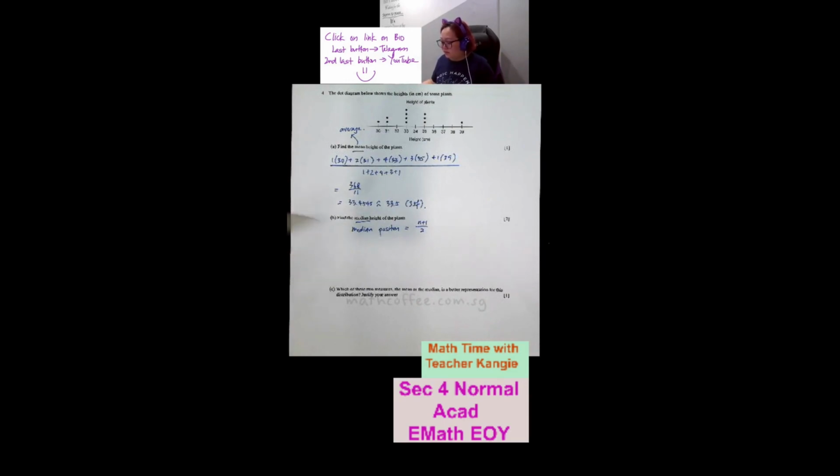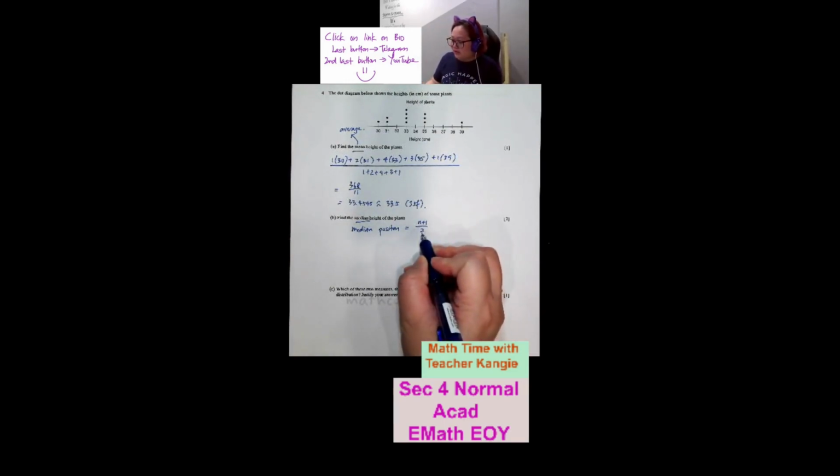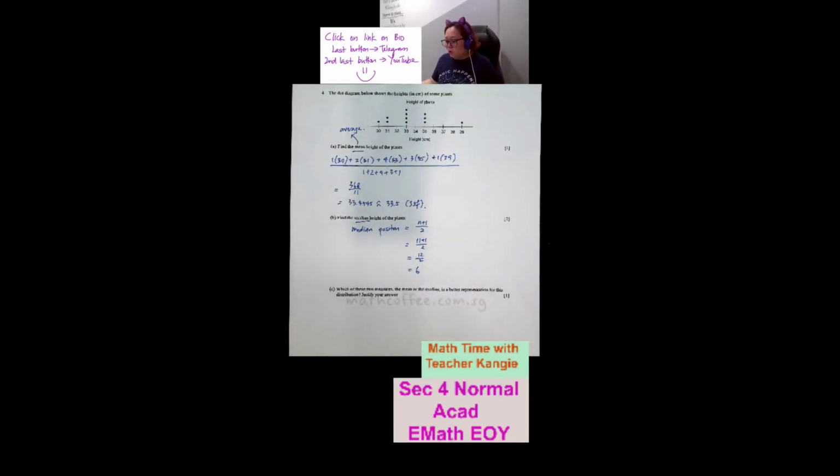So median position equals n plus 1 divided by 2. I have 11 data, so it's 11 plus 1 divided by 2, which is 12 divided by 2, which is 6. When you have a nice integer for the median position, that means I only have one number sitting in the middle, which is the 6th position.